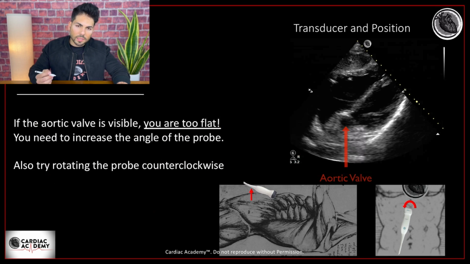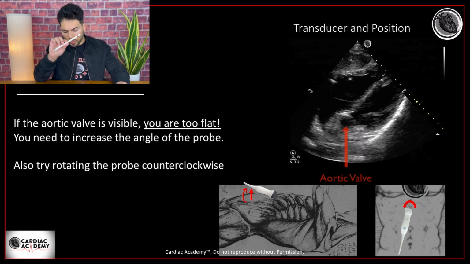And you're going to see that depending on how flat you are, you might see the aortic valve. If you see the aortic valve, you are too flat. You need to increase the angle of the probe, just like we see here. You see how the probe can be flat, but you can also increase and decrease the angle.